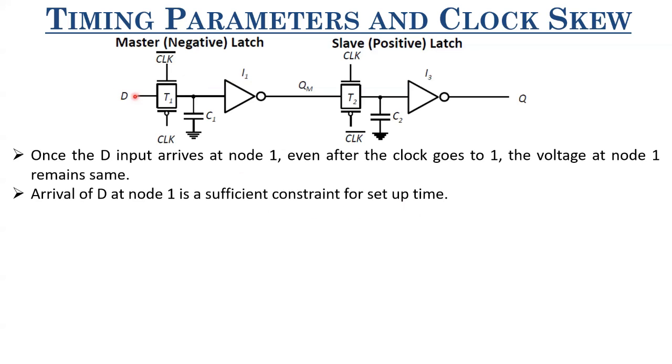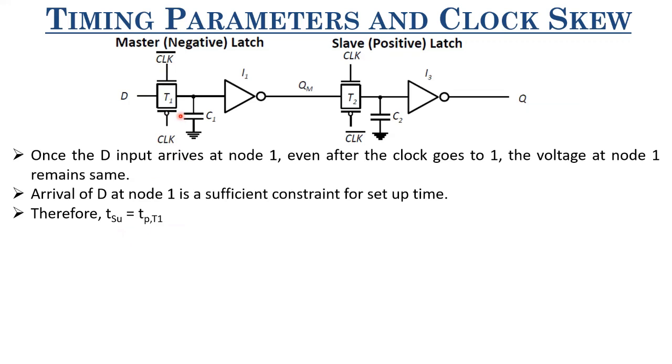So if the input D is stable for the time that the correct value is sampled at node 1, after that, even if it is not stable, since it is turned off when the clock goes to 1, this value is not reflected here. So this transmission gate delay is sufficient to be called setup time, right? And that is why they call T setup as TP-T1. That is transmission gate 1.